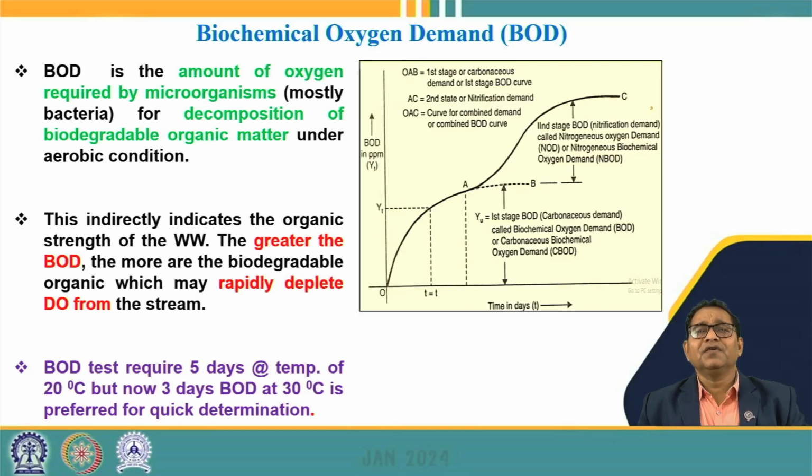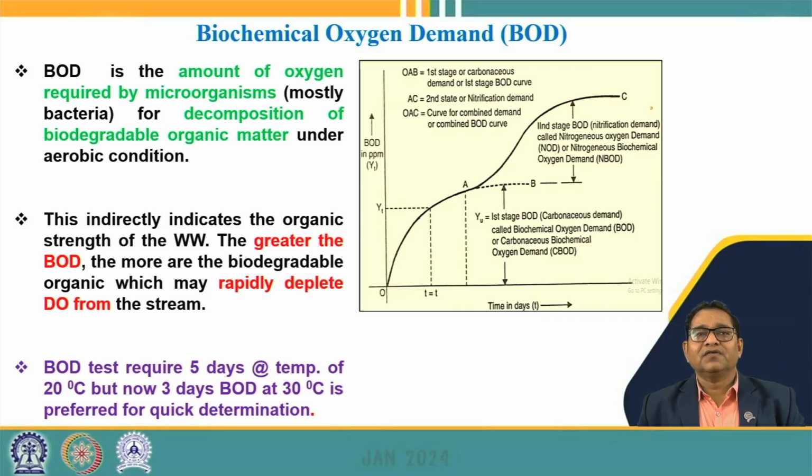Generally, BOD is measured to determine the amount of organic pollution in the wastewater. The higher the BOD level, the more organic strength, which may undergo fast anaerobic decomposition and can deplete our dissolved oxygen content. The BOD test requires 5 days and is carried out at 20 degrees centigrade.